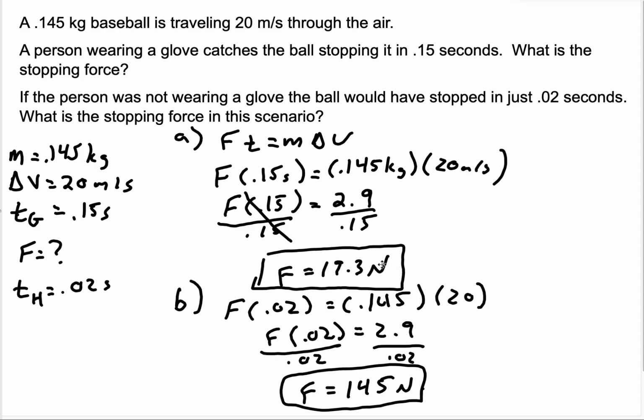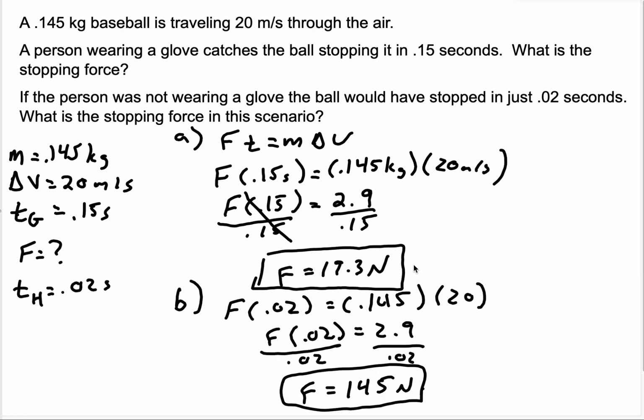And this is why, if you see someone barehand a hard hit ball, a lot of times their hand hurts afterwards. Sometimes you'll see it in professional games and then they'll have to shake it off. It's also why if you get hit by a pitch, that hurts. Because depending on where it hits you, it can come to a stop fairly quickly. All right?